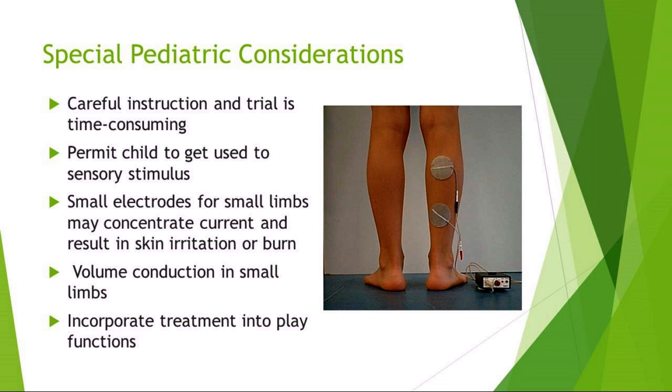Kids also have more sensitive skin. And there's also a phenomenon of volume conduction in small limbs where you're stimming muscles on the other side of the limb because it's not as deep. So if you work with kids, you really need to take these things into consideration.